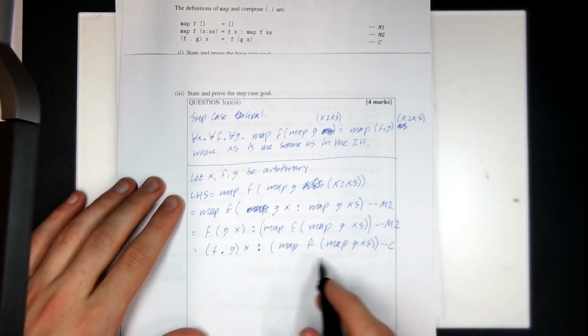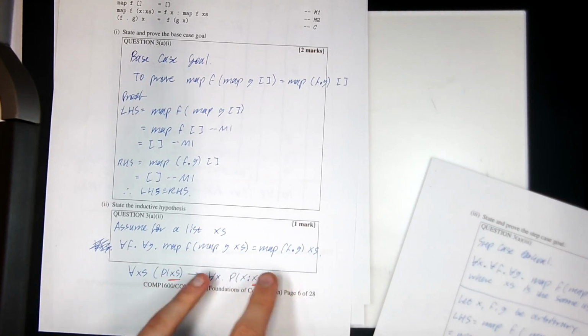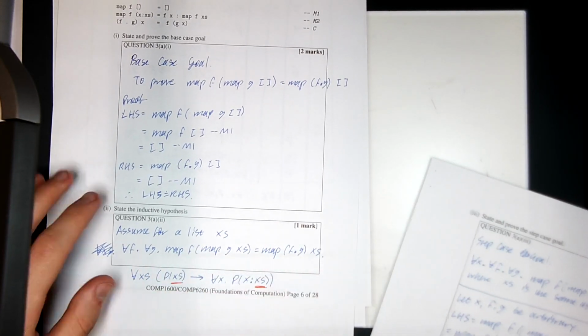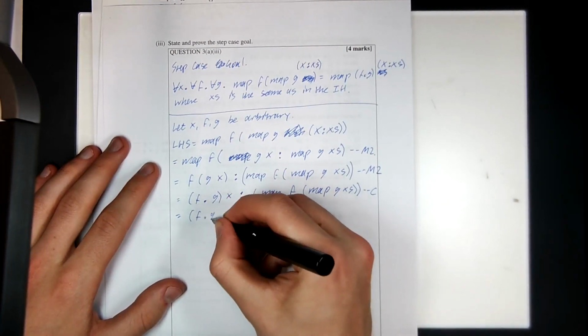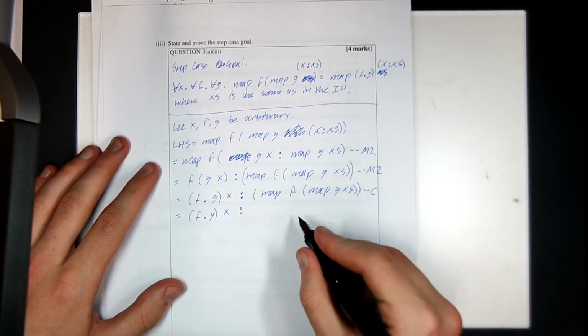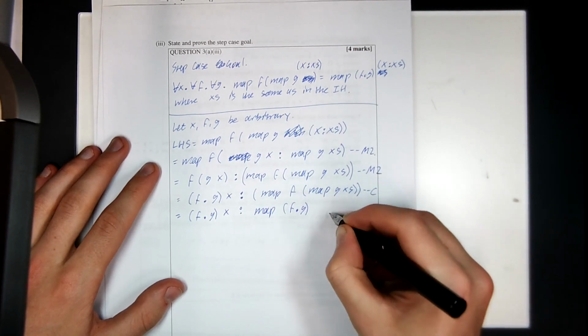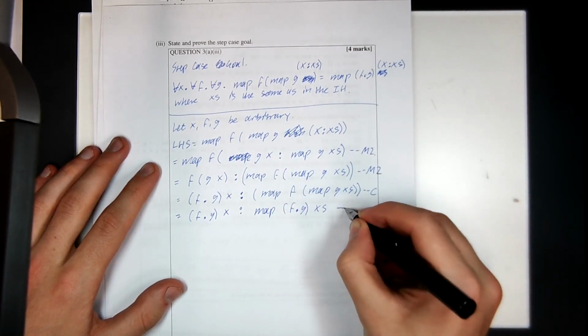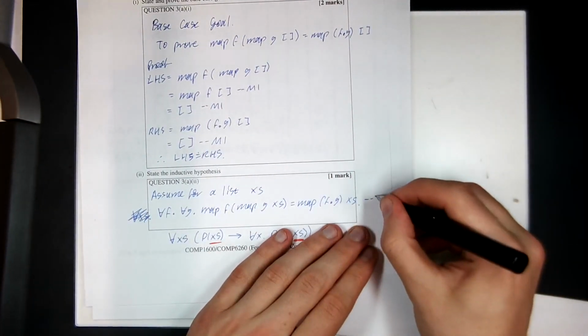We can use our inductive hypothesis, which was here, to replace this term here, map two functions, with map the composition. So we will do that. (f compose g) applied to x cons map (f compose g) onto xs by IH. I didn't label my inductive hypothesis, so I'll label it.